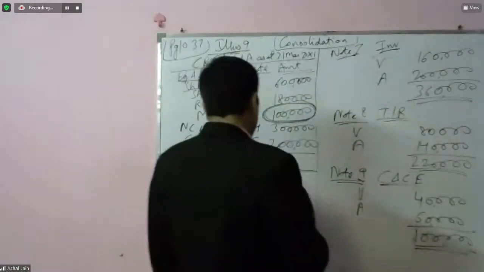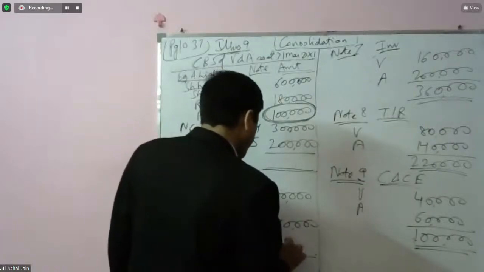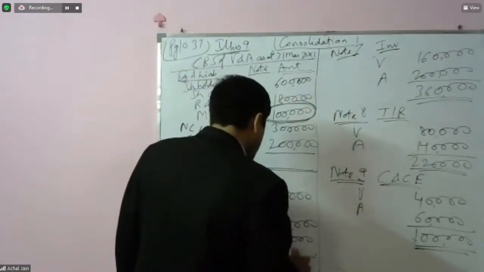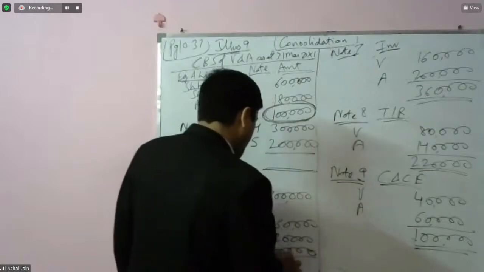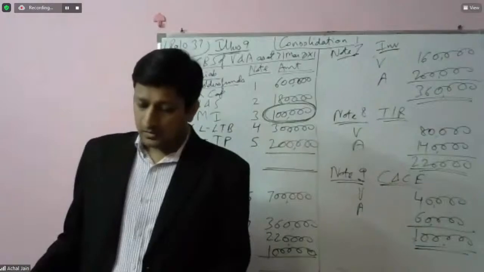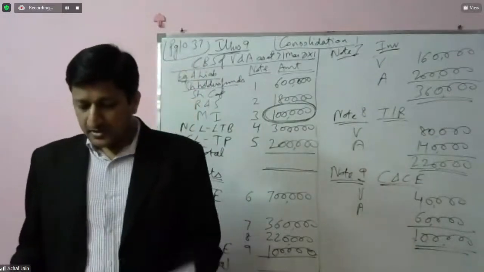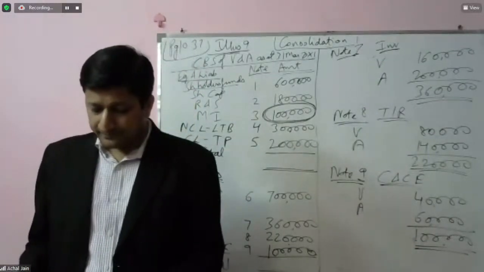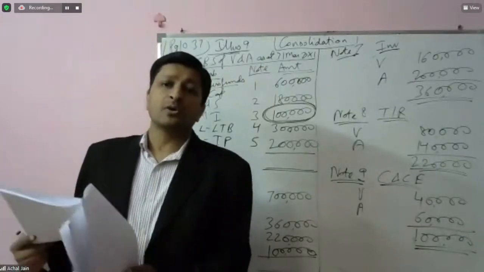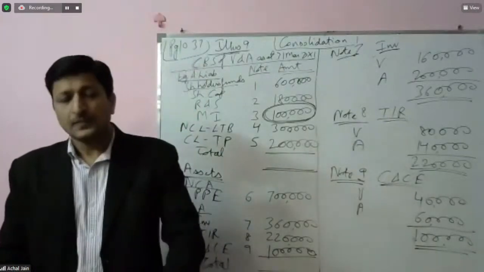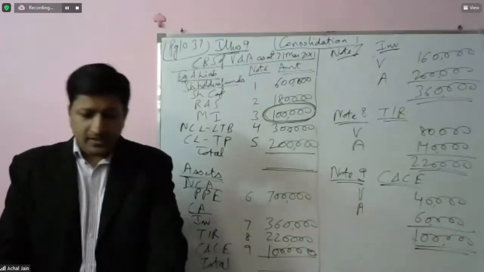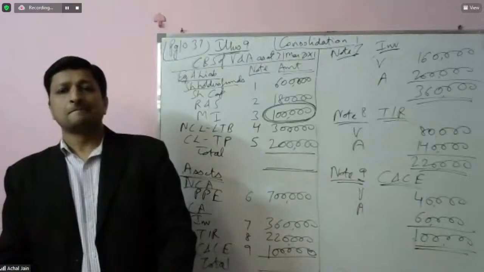This becomes 1 lakh. So now, can you tell me the totals, asset side and liability side, quickly? And please confirm whether they are matching or not.